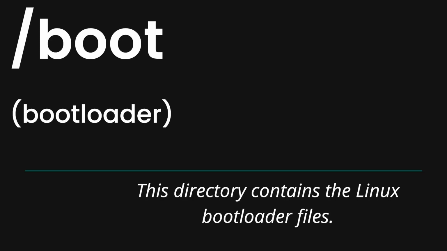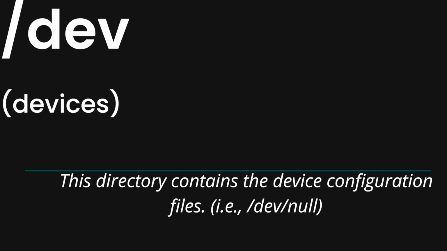So the next one is the /dev, or devices. This folder contains the device configuration files, such as /dev/null. The /dev/null is used by people who create VPNs and do not want to store logging information of internet activities.